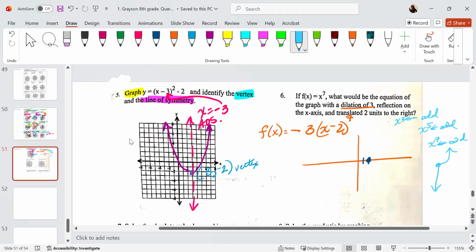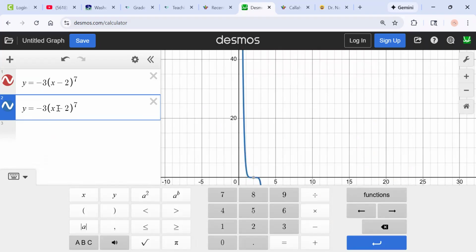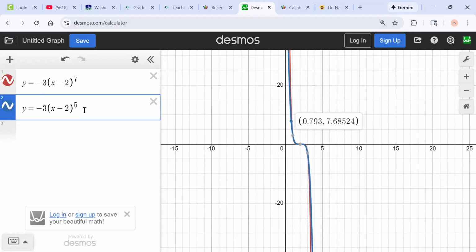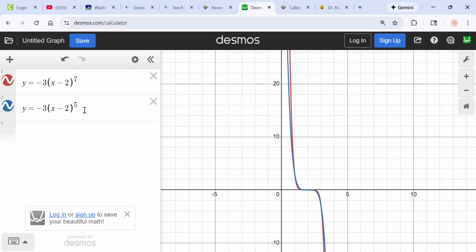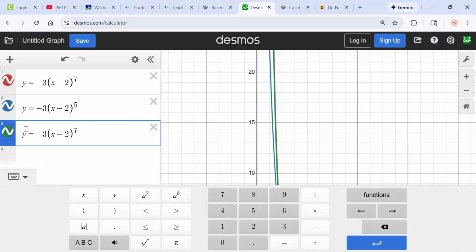So I already graphed the first one. The second one. Let's change that to a 5. Do you see the difference between the blue and the red? Not a big difference, right?